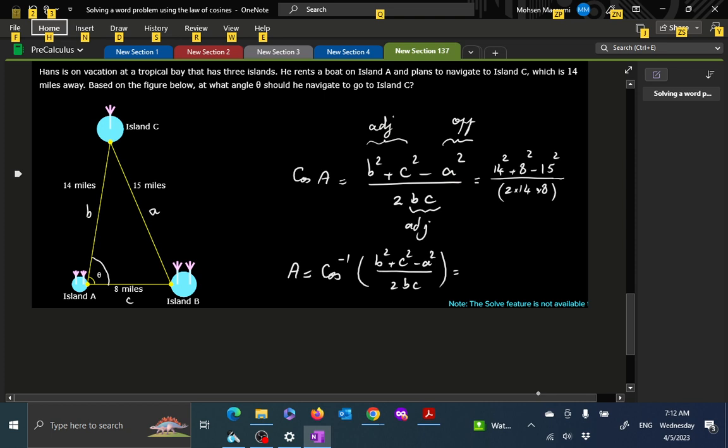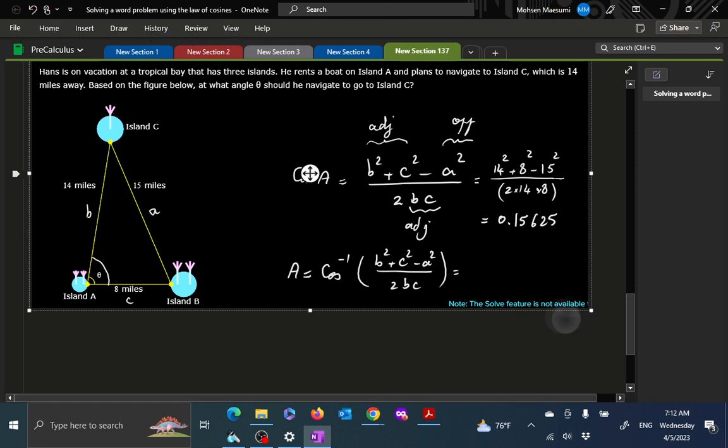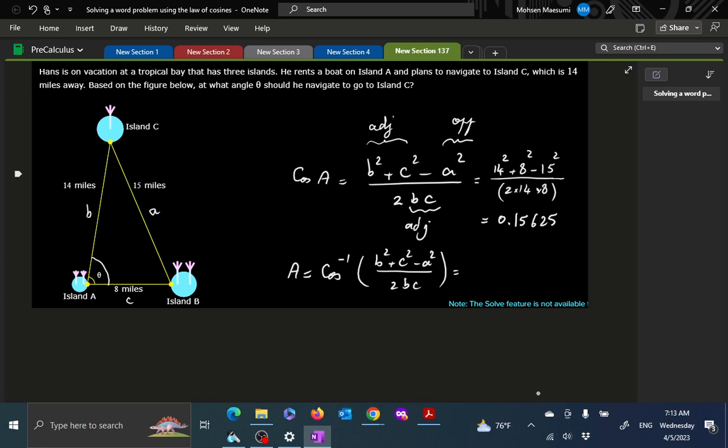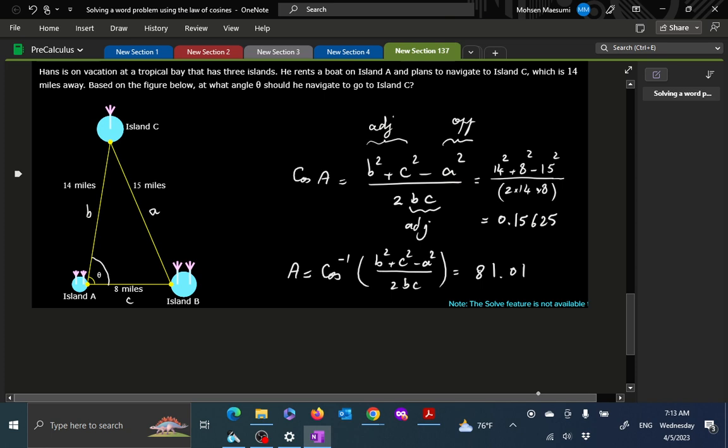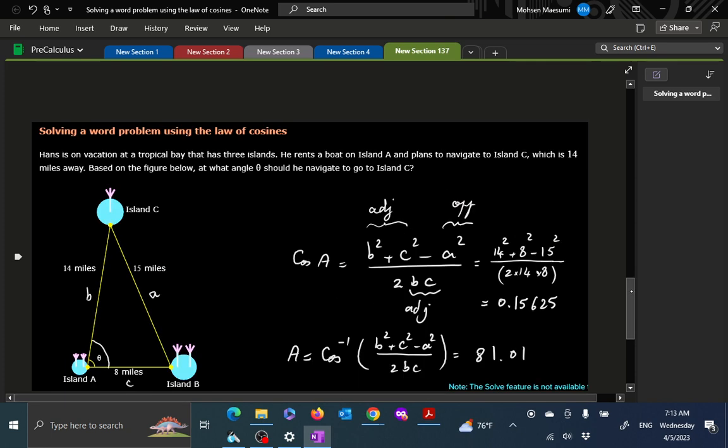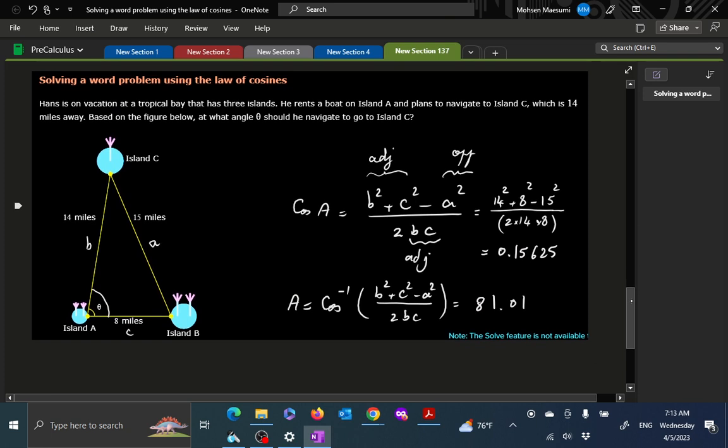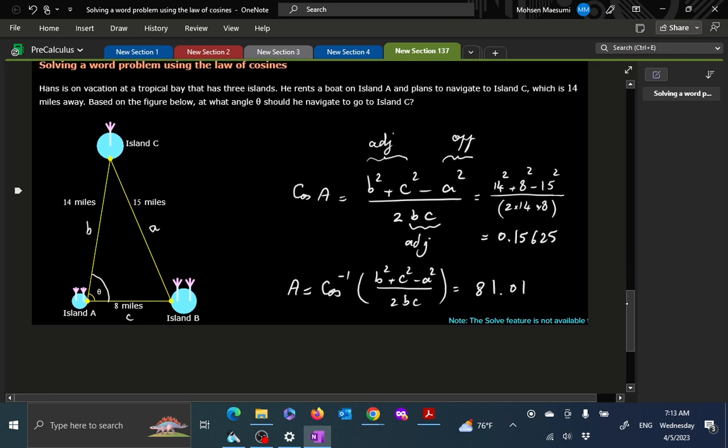At any rate, with this computation I get 1.5625, and the inverse cosine of that I get 81 degrees, 0.01 and 0.07, and then you round it to as many decimal places as might be required.